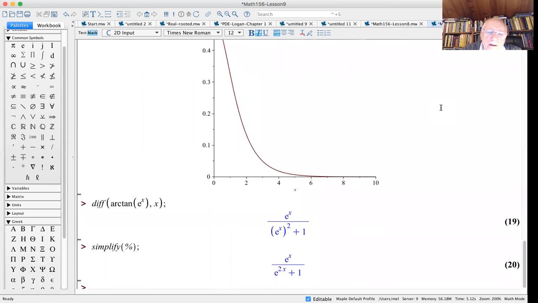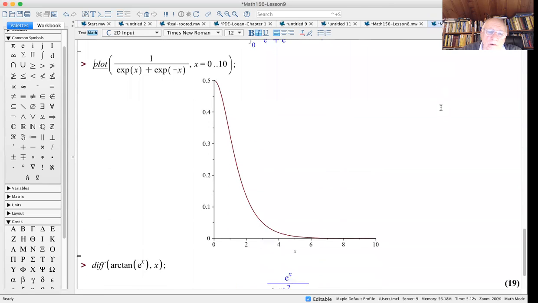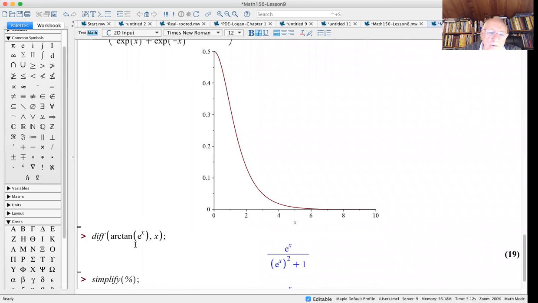Why is that? Because we saw that the indefinite integral was arctangent of e to the x. When x is 0, arctangent of 1 is pi over 4. As you go to infinity, arctangent of e to the x goes to pi over 2.